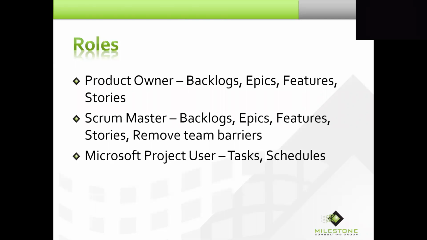In Project Server 2016, the only thing that has to be done using Project Professional is setting that allocation to calculate resource utilization. That's the only thing that has to be done.